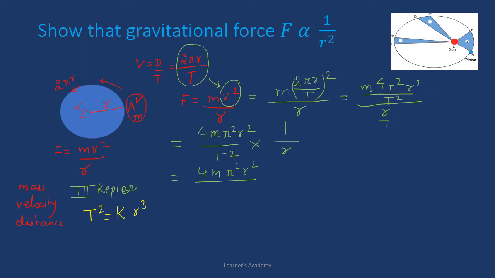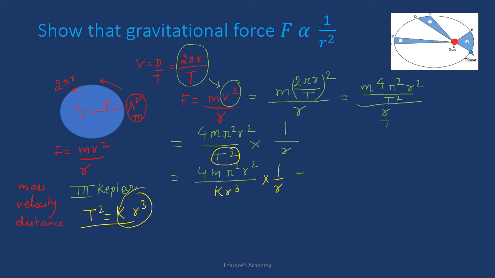It says that the square of the time taken is directly proportional to the cube of the distance between two objects. Do you remember this law? This is Kepler's third law. So now we will use this value of t here. Putting this value, I get r cubed multiplied by 1 upon r.